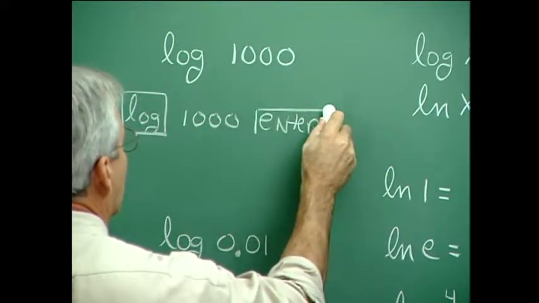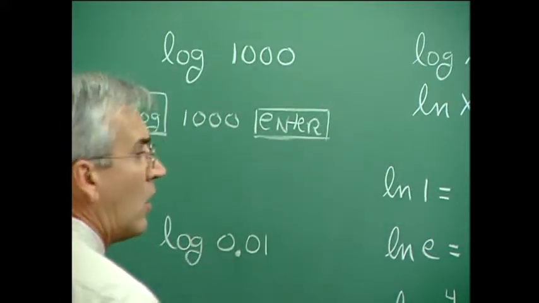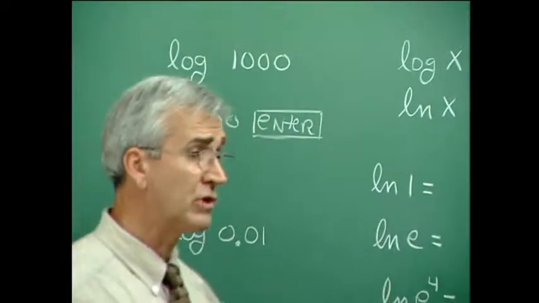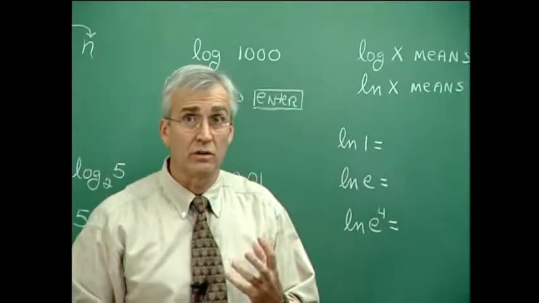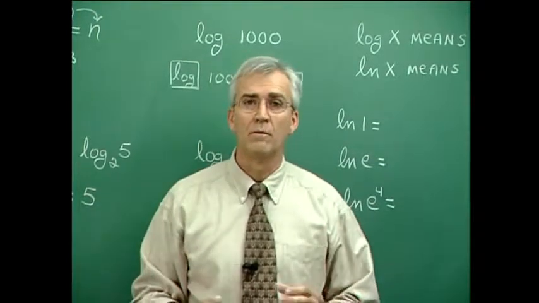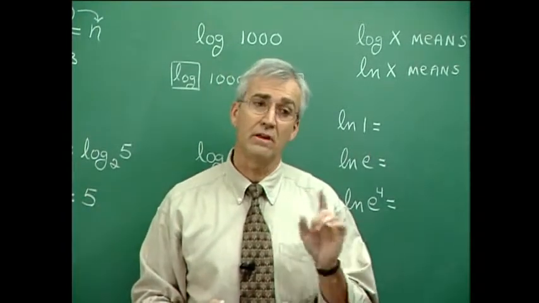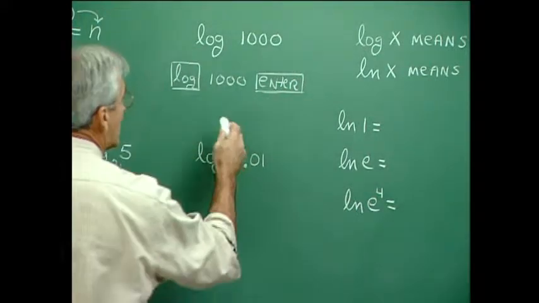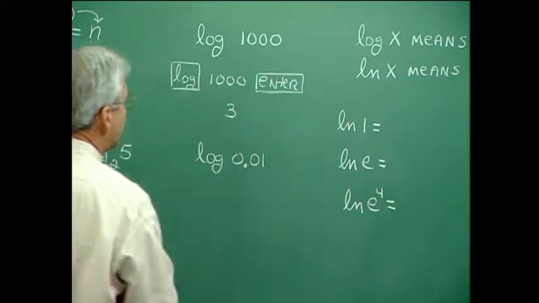On scientific calculators, logarithm is one of those immediate response functions. You don't even have to press enter, but you press the 1,000 first and then the log button and it'll give you the log of 1,000. At any rate, what should come out of this is the number 3.